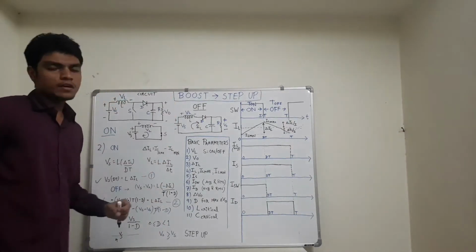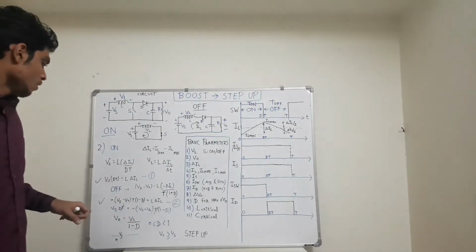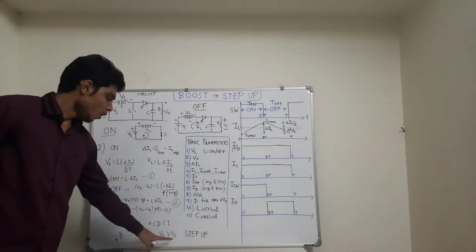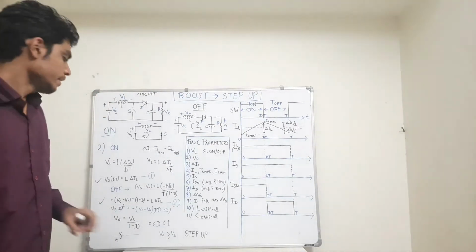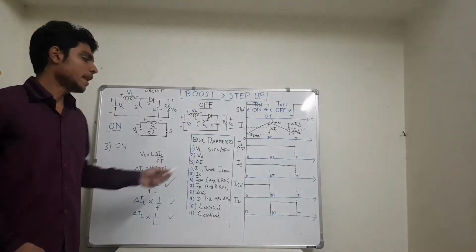Hence this converter is also called a step up converter. Another thing to note is that V0 will always be greater than or equal to Vs for the boost converter.